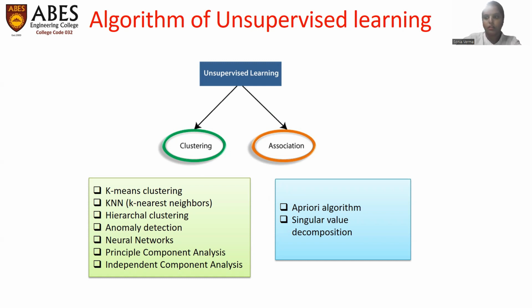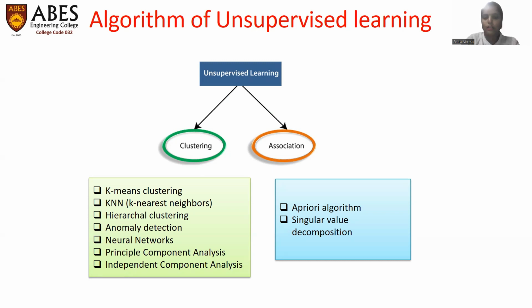In clustering, there are some algorithms: k-means clustering, KNN, hierarchical clustering, anomaly detection, neural networks, PCA, ICA.